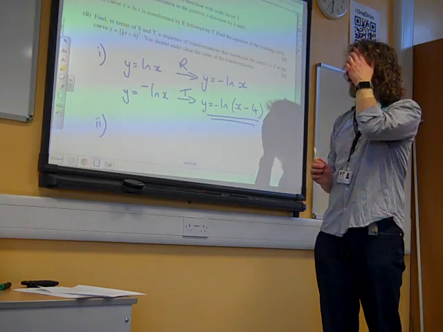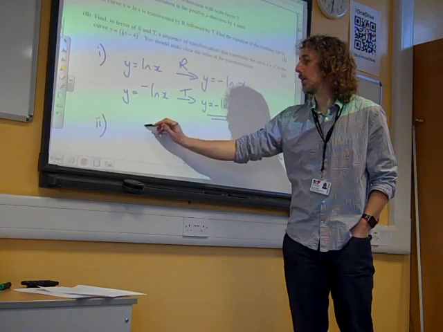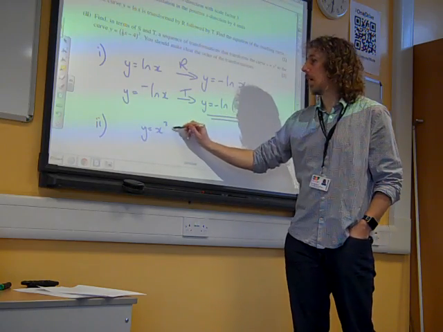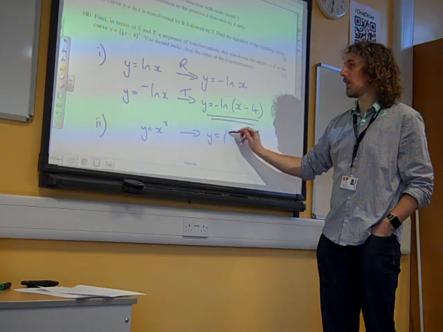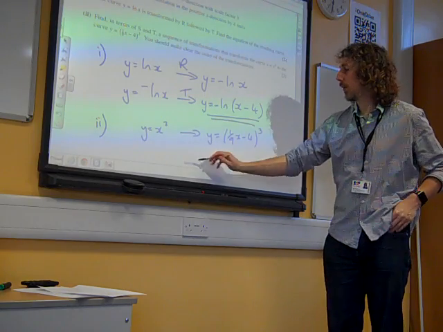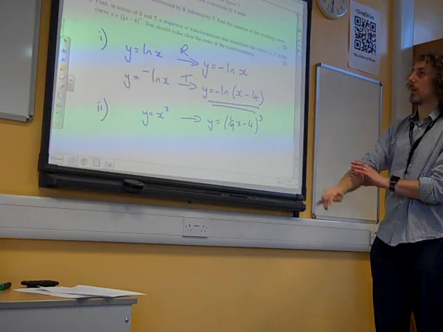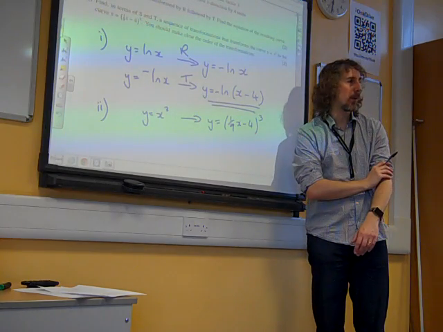Find, in terms of S and T, a sequence of transformations that transforms the curve y equals x cubed to the curve y equals 1/9 of (x minus 4) all cubed. Right. Well, we've got both of the things going on here. We've got to unpick the order.